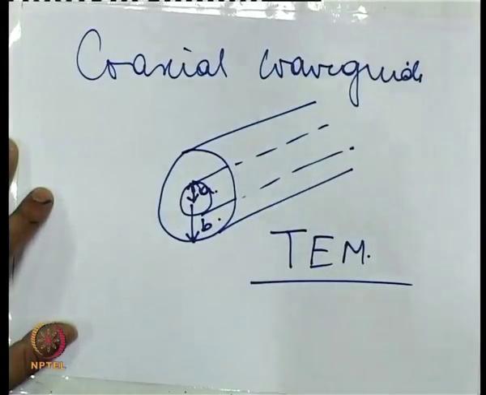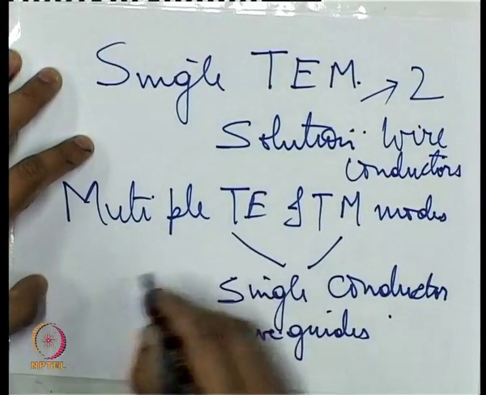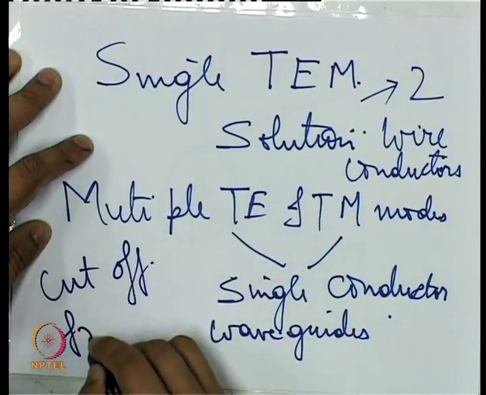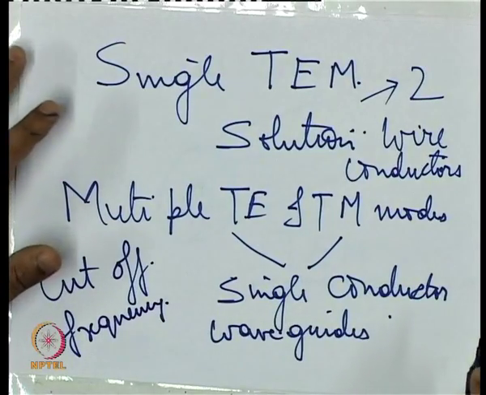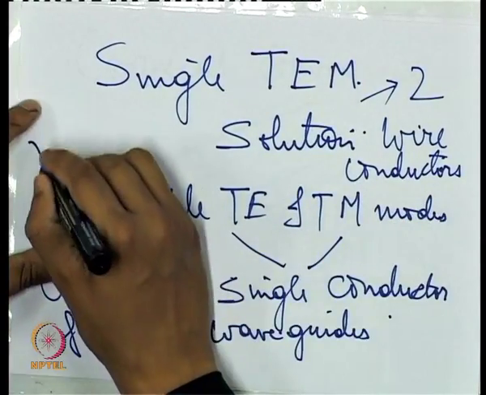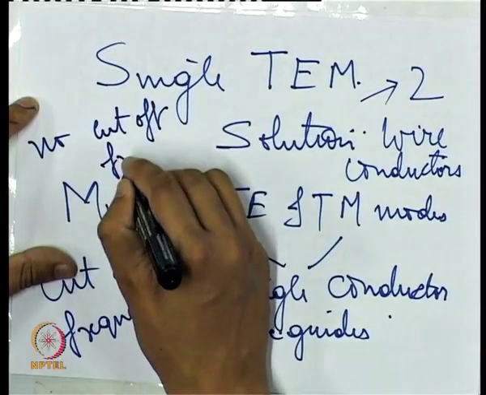One other thing I forgot to tell you about the TE and TM modes, if I can go back to the previous slide, is that they have something called a cutoff frequency. Cutoff frequency is a frequency below which the TE and TM modes cannot transmit. For TEM mode, no cutoff frequency is there, so it can transmit over any frequency.